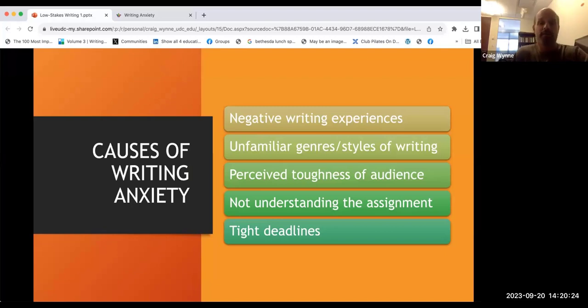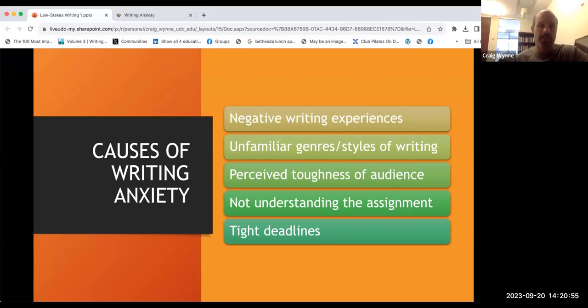Also, unfamiliar genres or styles of writing. So different disciplines, different majors tend to have different discourse expectations, different rules, and we talk about this in my classes all the time. Writing an essay for an English course, for example, has different rules than writing a lab report if you're an aspiring chemist.